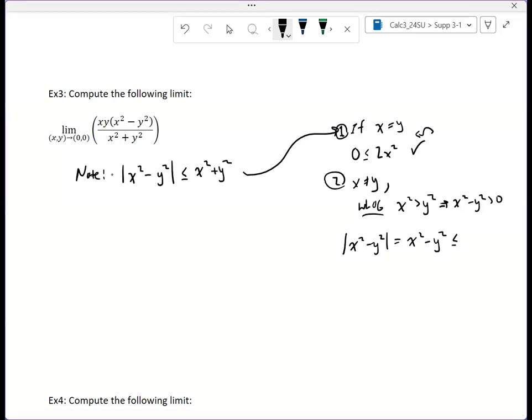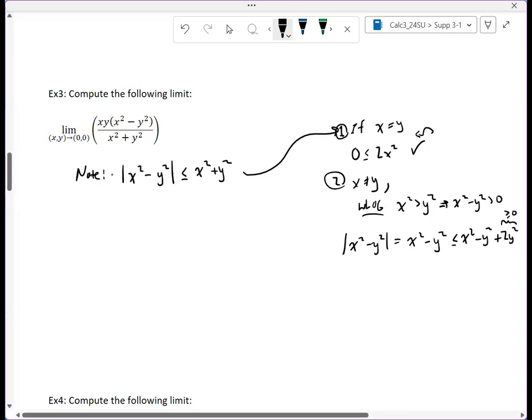This is obviously less than or equal to x squared minus y squared plus 2y squared. If we add something non-negative, that can only make the thing bigger. And x squared minus y squared plus 2y squared is just x squared plus y squared. So we have shown the inequality.